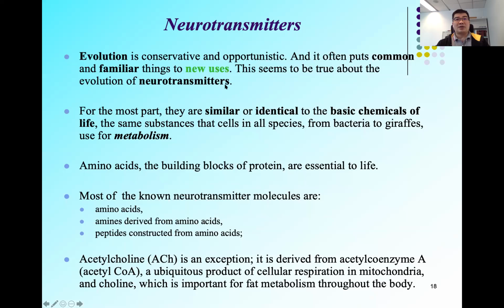Certainly those neurotransmitters are some of the medically important basic chemicals in our system. So that's also the reason why, from cells and species to bacteria, even giraffes, those chemicals in the metabolism are used by all the organisms. So interestingly, one of your students asked, isn't happiness caused by dopamine and serotonin, which are neurotransmitters?